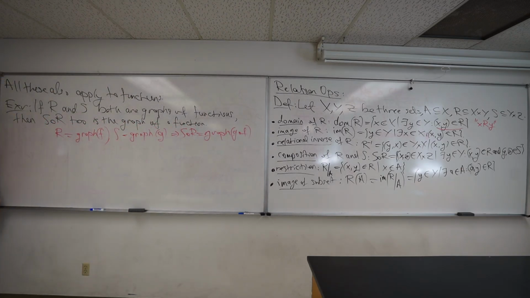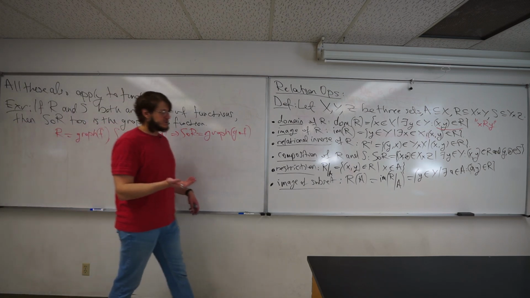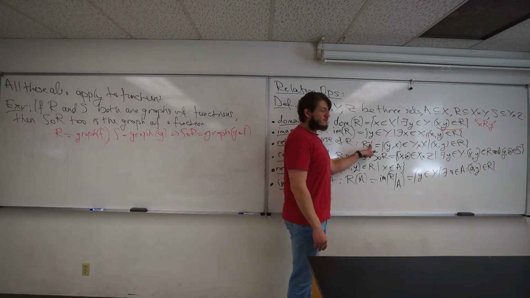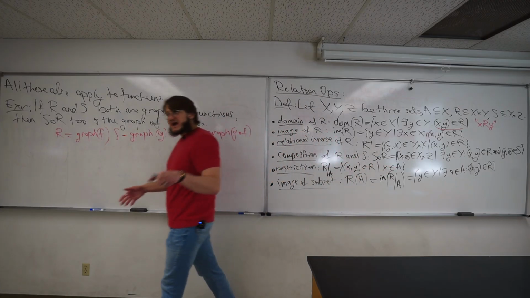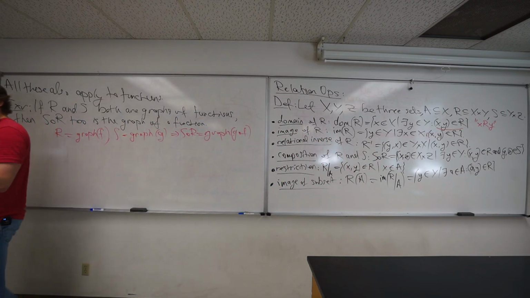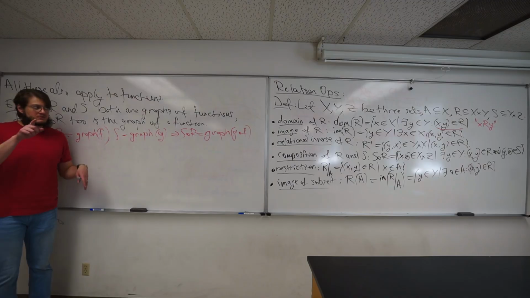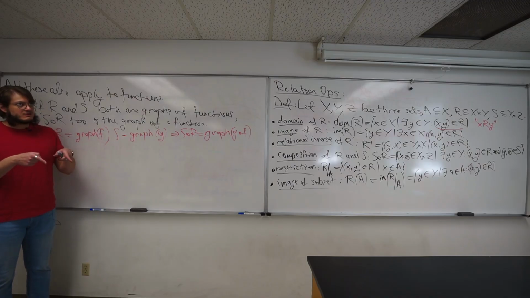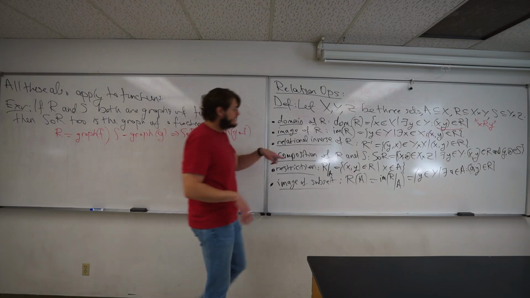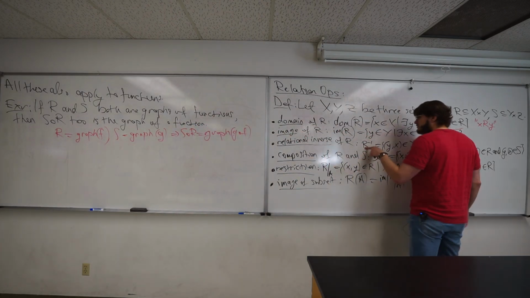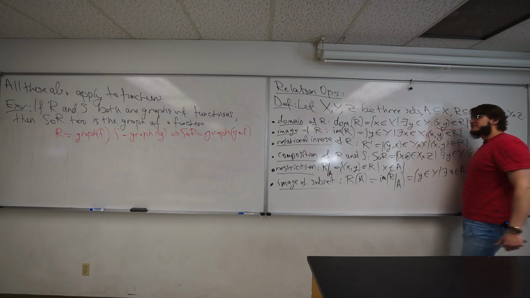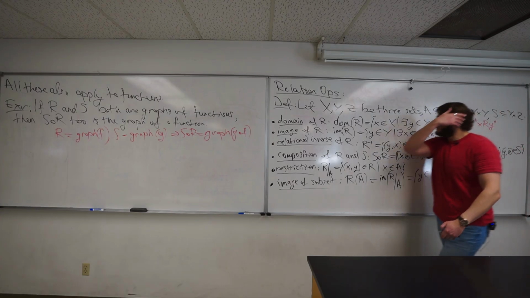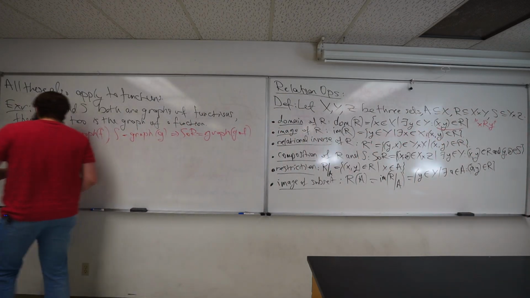In particular, you can look at the relation that is the graph of a function and look at its relational inverse. Again, it is not the case that a relation that is the graph of a function, when inverted, still remains the graph of a function. Warning.